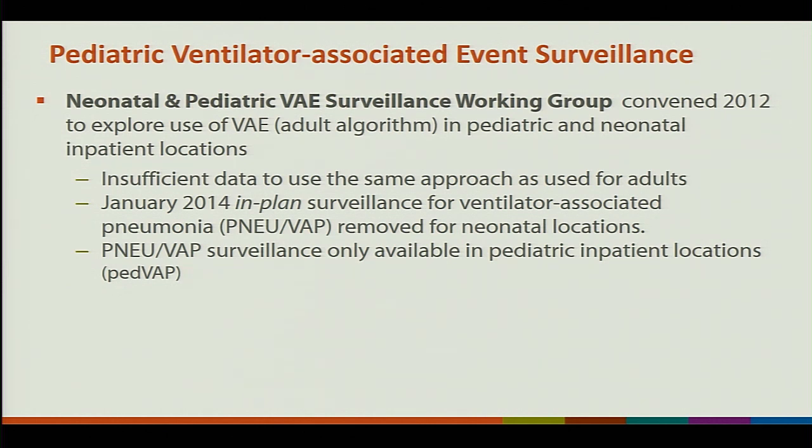And out of those initial meetings, it was determined that there was insufficient data to use a VAE-like definition in those younger populations. What did come out of that initial meeting was that pneumonia should be pulled as an in-plan event in neonatal locations.